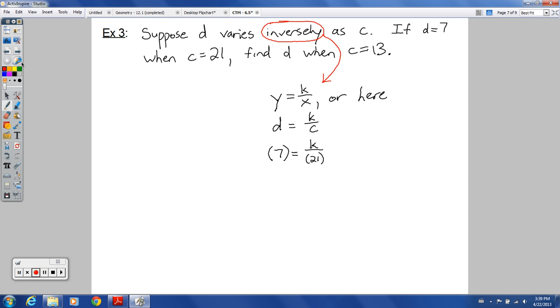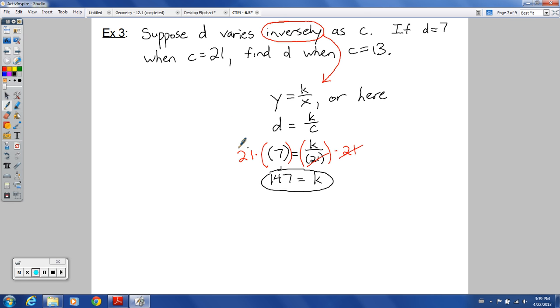To do that, we need to multiply both sides by the denominator I see there. Multiply both sides by 21. That will cancel out there and there. And that leaves me with my constant of proportionality. I know my K value then is 147. Now that's not my final answer, but that's a critical component needed to find my final answer.